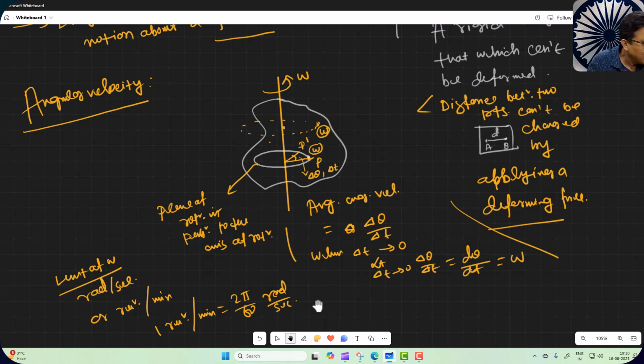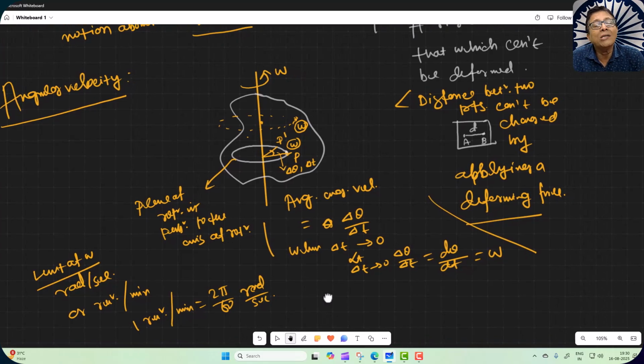Angular velocity has this expression, but this angular velocity should have a direction, which is not like the rotation direction I have shown. Omega is not directed that way. Omega always will be directed along the axis of rotation.